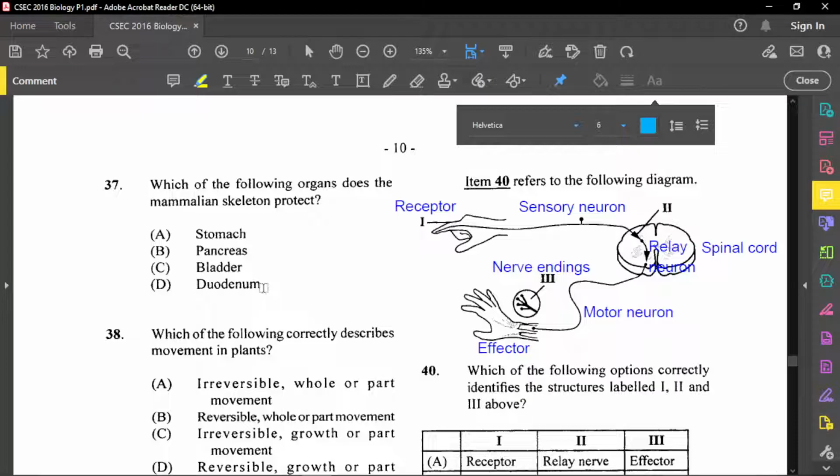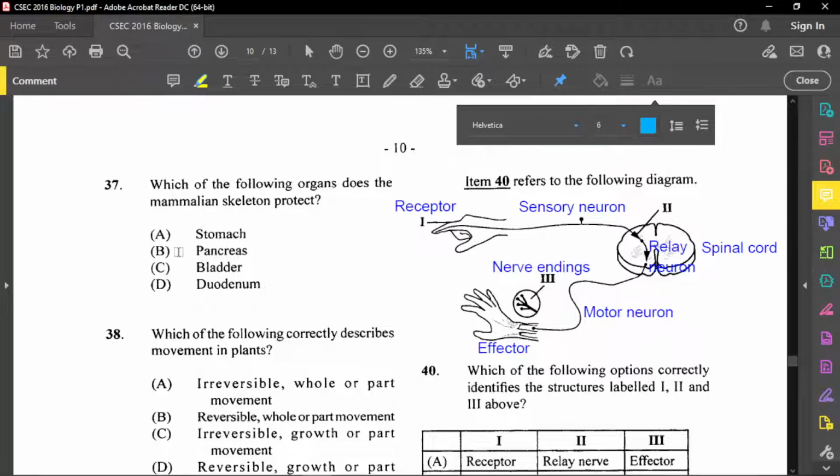But the others are pretty much protected by the skeleton. I'm going to narrow this down to show you what's happening. Now, the bladder, based on its position going down to the pelvic area, is not totally covered in a bone section. It's a little bit up, so it's not fully covered or protected by it.